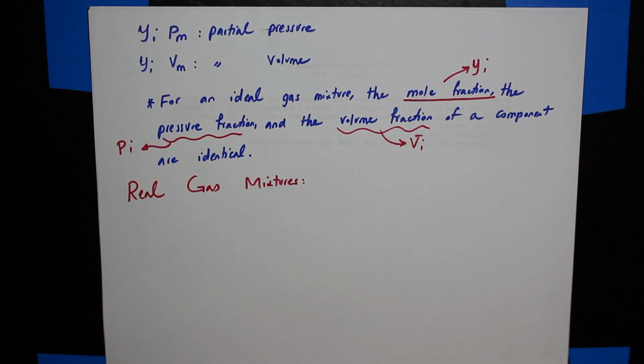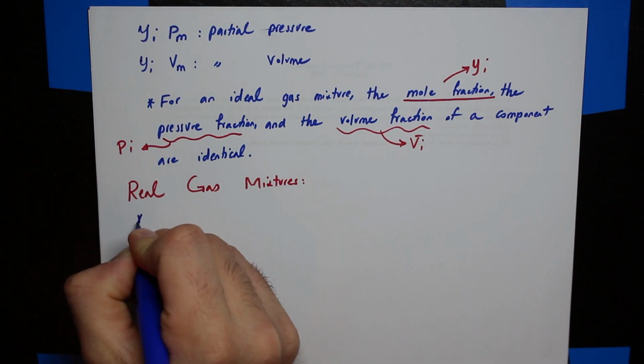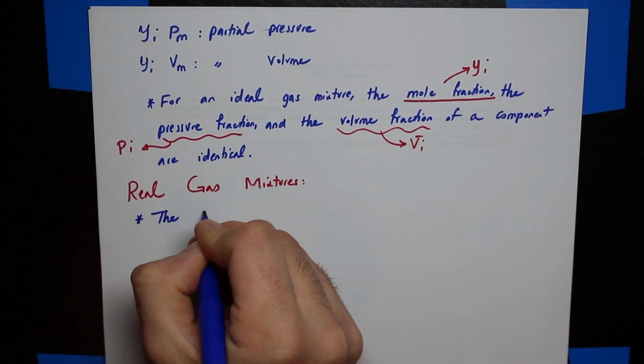Okay, the thing is, Dalton's law and Amagat's law can still be used with reasonable accuracy. Let me just write it down.